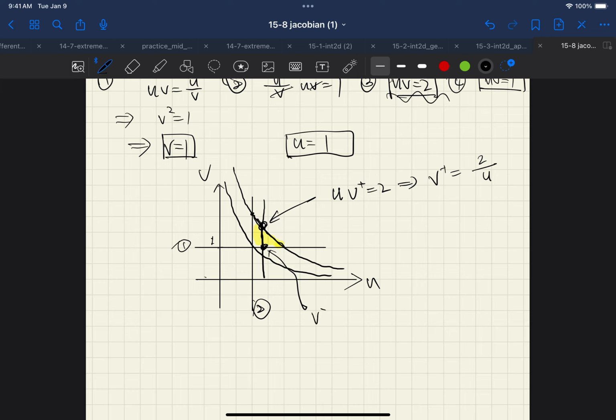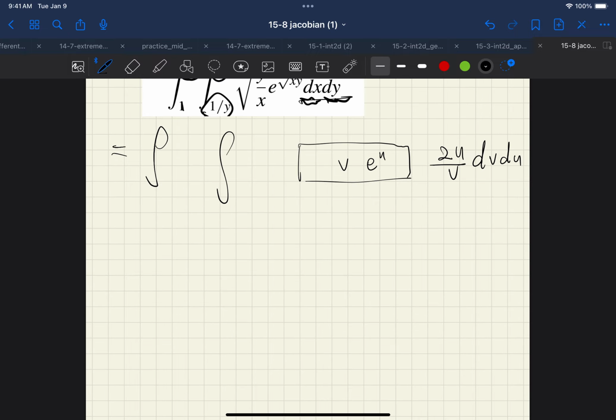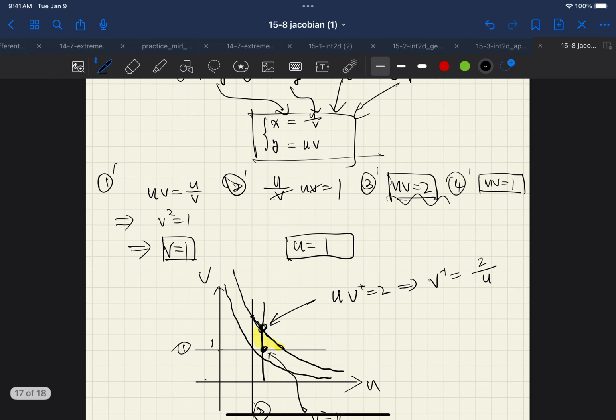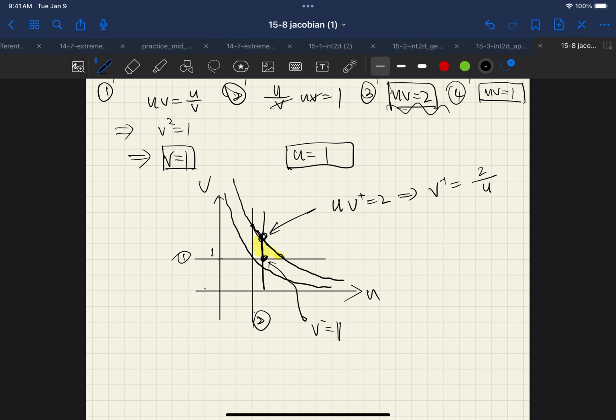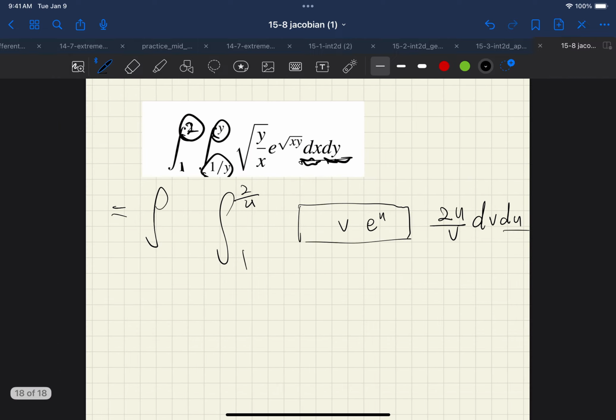So v minus equals 1. So your stick is going from 1 to 2 over u. And for the u range, you're moving this stick from this first line, which is 1, to here, which is 2. So from 1 to 2.